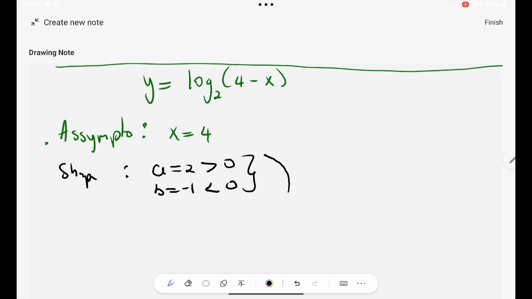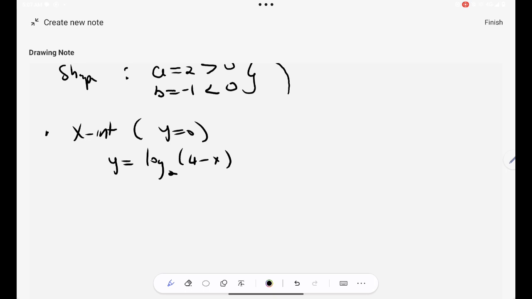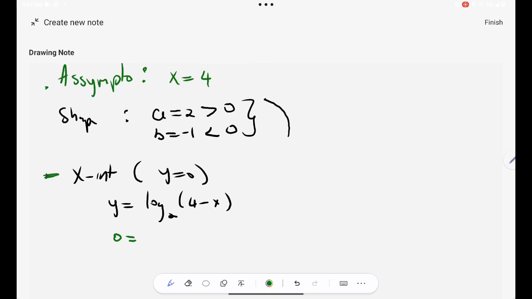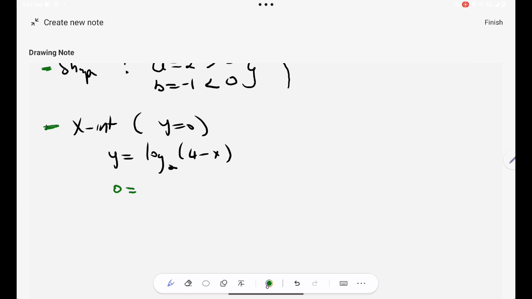Are we together? So will I be able to find the x-intercept and y-intercept? Okay, let me check. X-intercept, I don't care what kind of a graph it is, I just need to make y equal to 0. I have log of 4 minus x base 2. If I make y 0, what will x be?